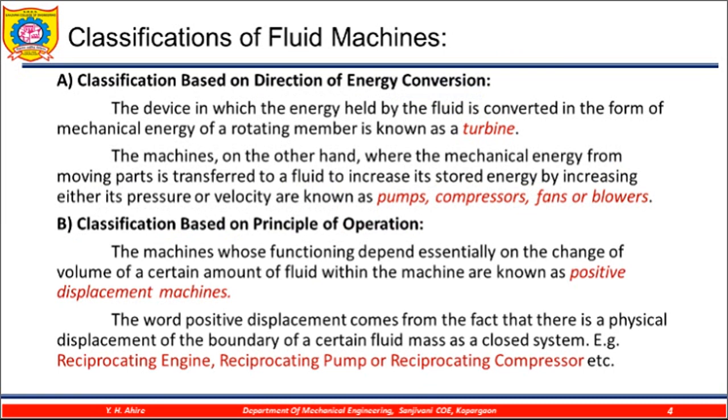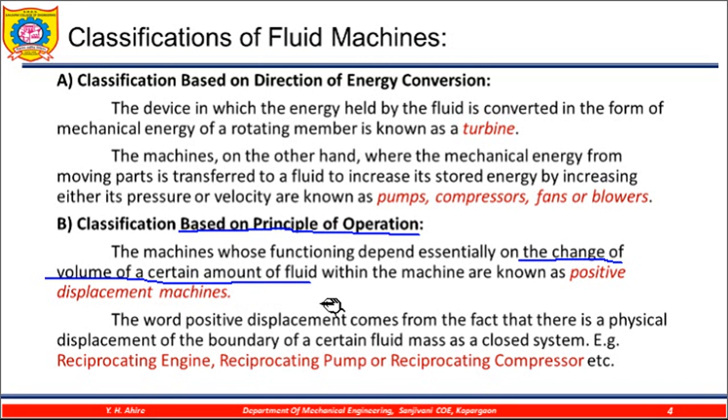Next criteria is classification based on principle of operation. So the machines whose functioning depends essentially on the change of volume of a certain amount of fluid within the machine are known as positive displacement machines.